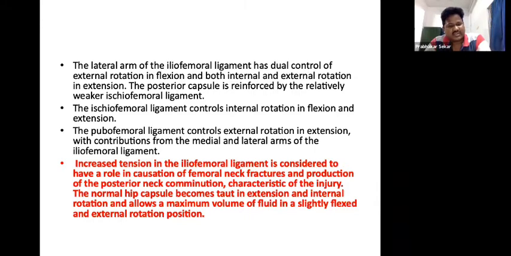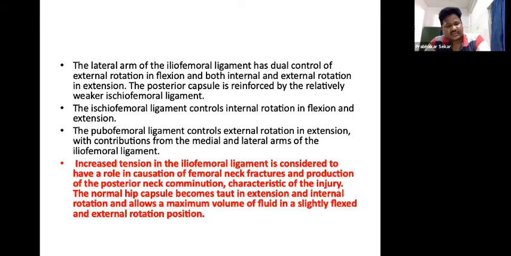So why is it important now? In case of fracture neck, how does it occur? If there is tension build-up in the iliofemoral ligament, it leads to hyperextension of the hip and external rotation violence, thereby causing posterior neck comminution.